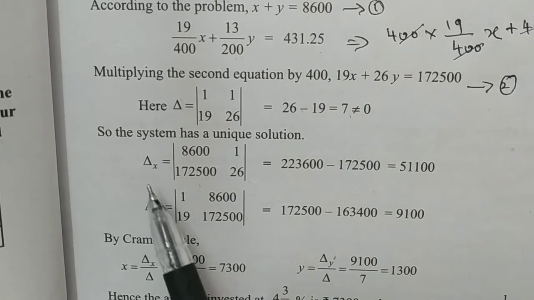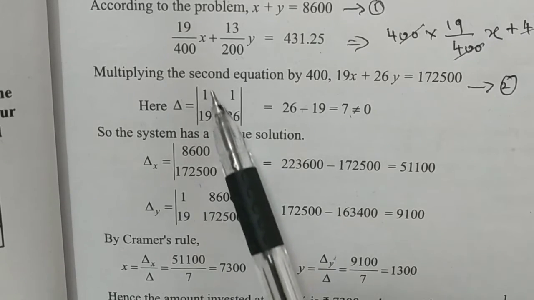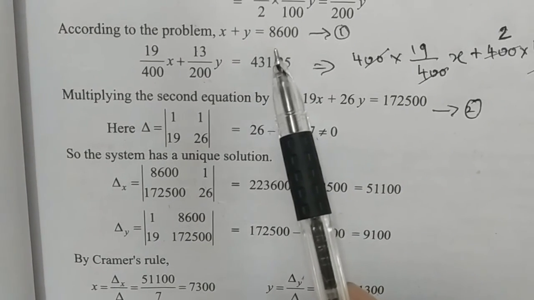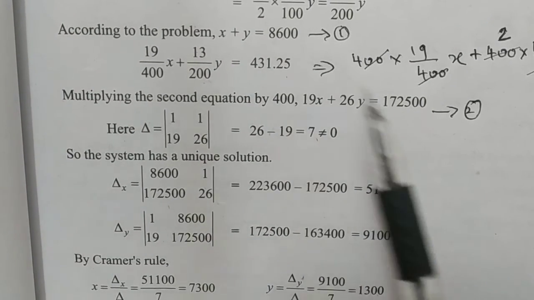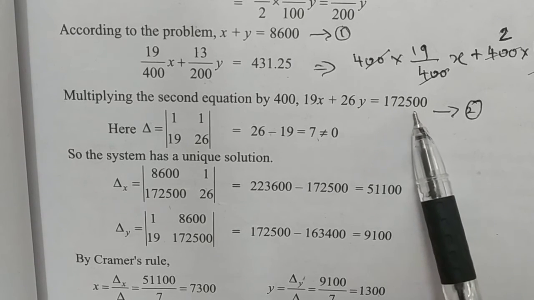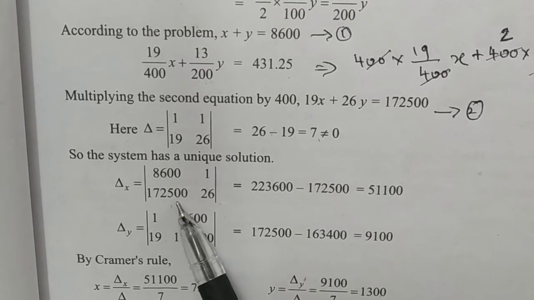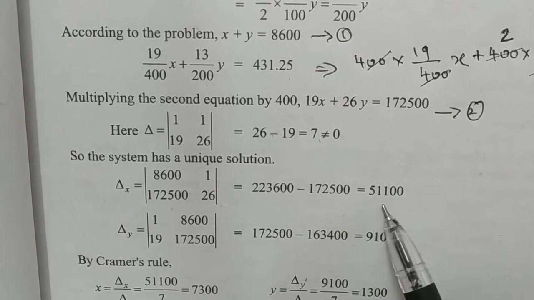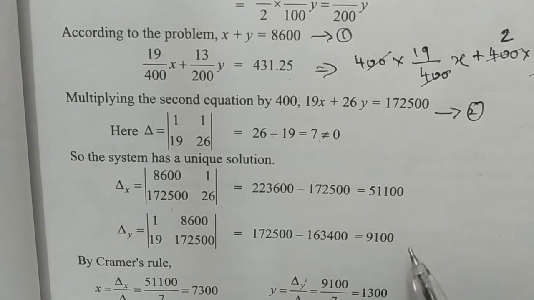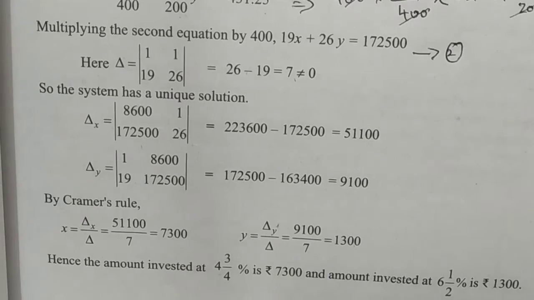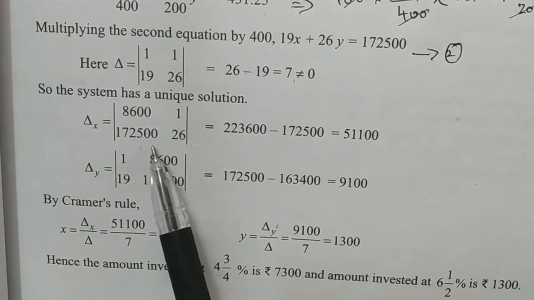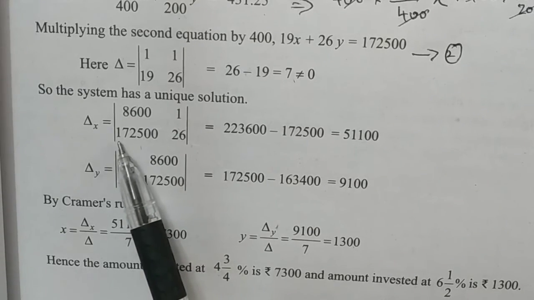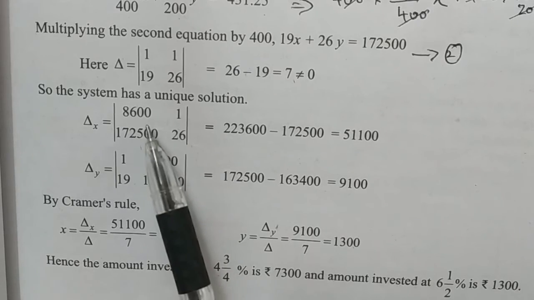Similarly, to find delta x, replace the first column in delta. What are the constant terms given here? 8,600 and 1,72,500. Replace the first column with these values and multiply.